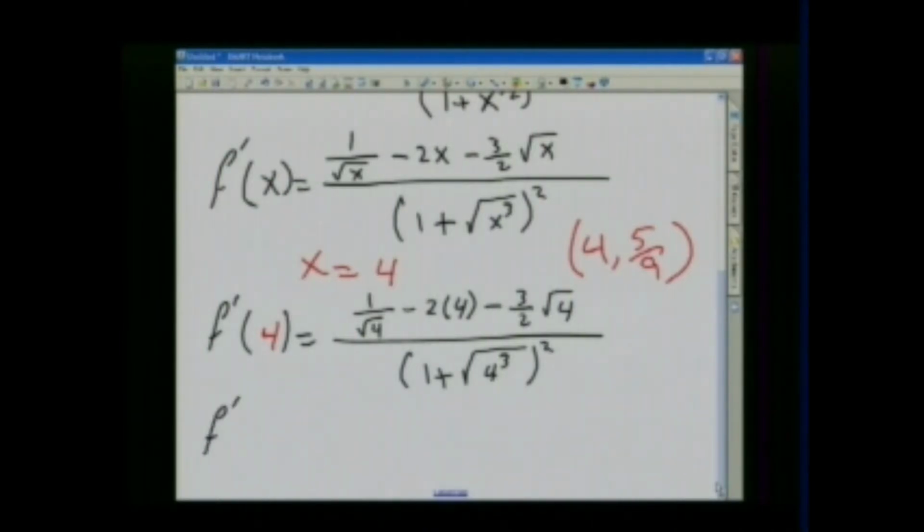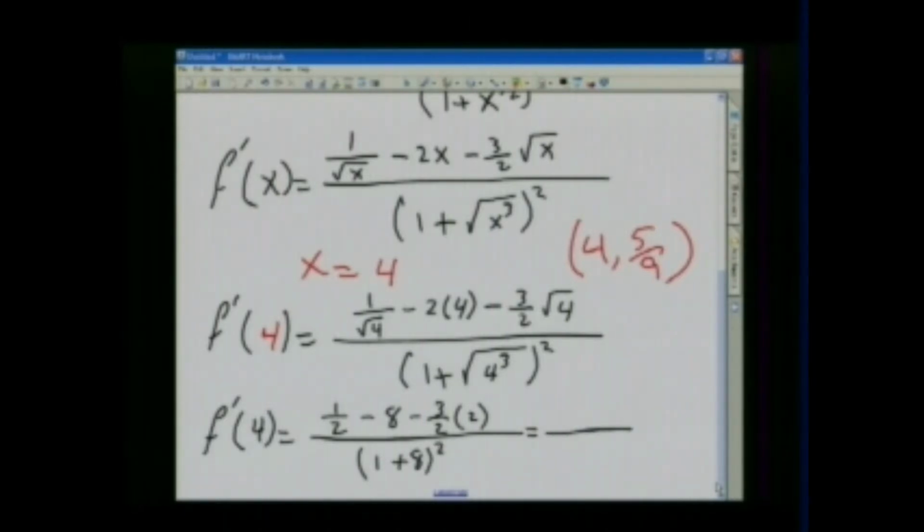So f prime of 4 is equal to 1 over square root of 4 is 1/2, minus 8 minus 3/2 times 2. And here in the denominator, I would have 1 plus square root of 4 to the third, which is 2 to the third, which is 8, to the second power. Therefore, here I would have 9 to the second power.